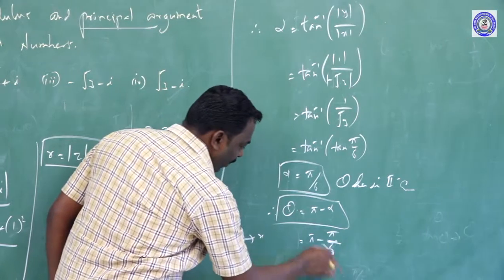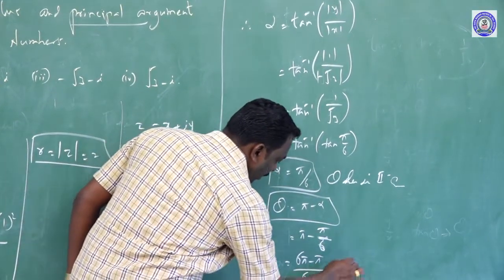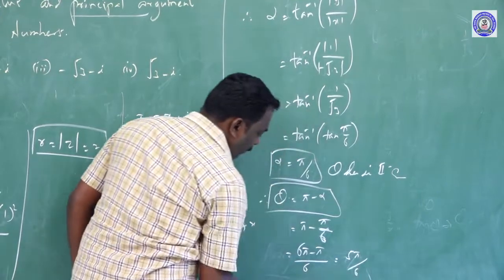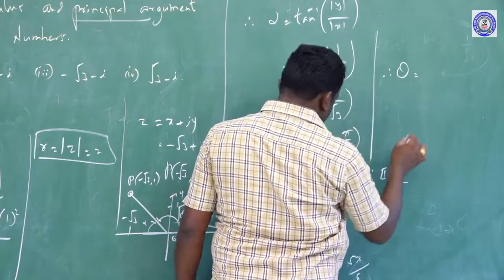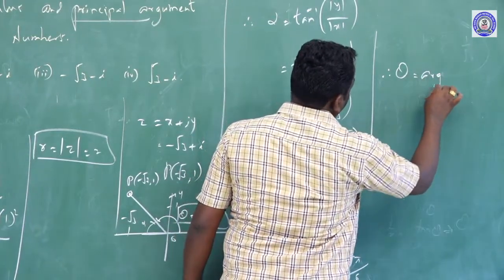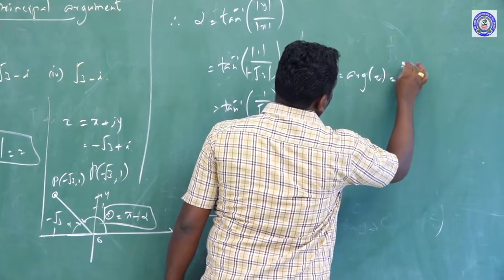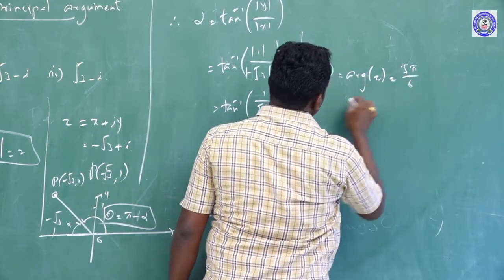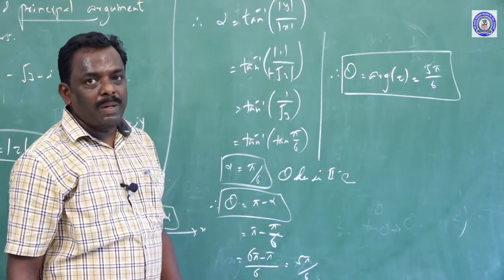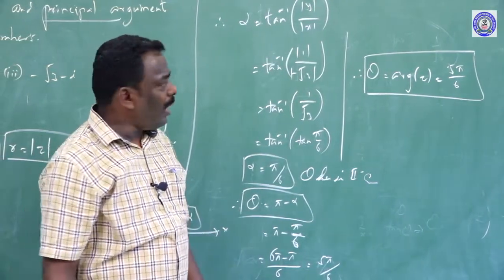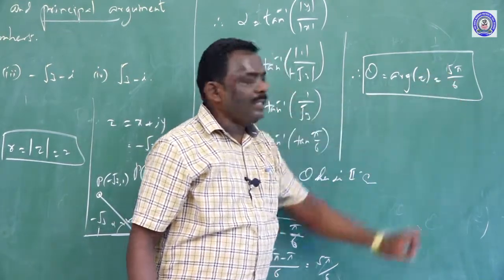Taking the common denominator, 6 pi minus pi by 6, that is equal to 5 pi by 6, which is theta. Therefore, theta, the argument of the complex number z, is equal to 5 pi by 6. It is called the principal argument of the complex number, theta equal to 5 pi by 6.